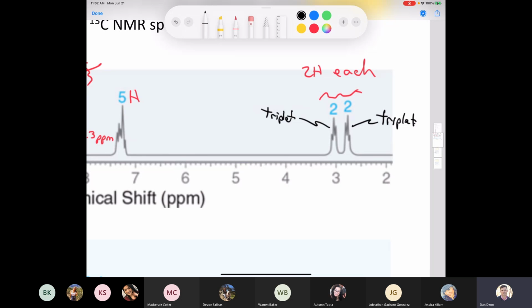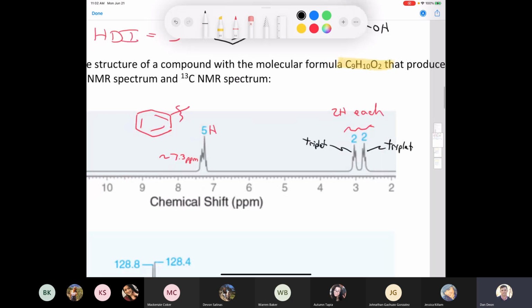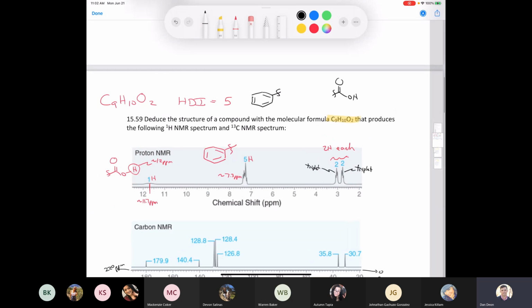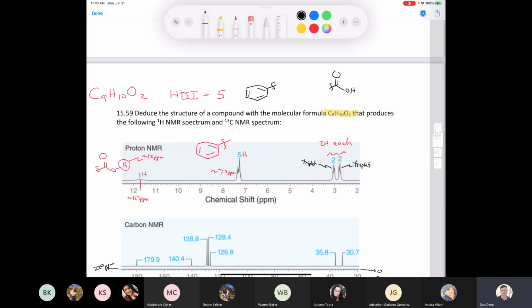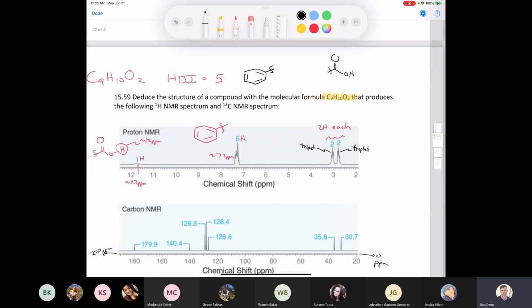So I have 2 triplets, and they both integrate for 2 protons. Now, how could I have such a thing? How could I have 2 triplets that are both going to integrate for 2 protons? Well, let me tell you the answer right now.